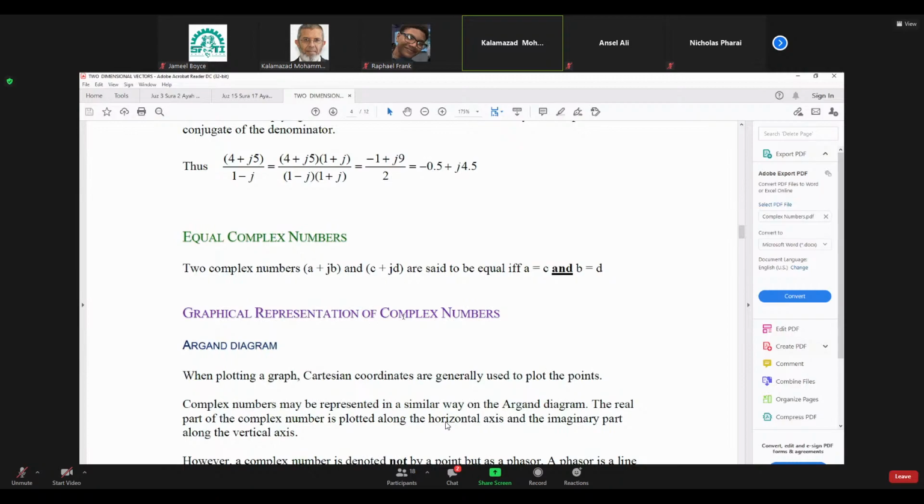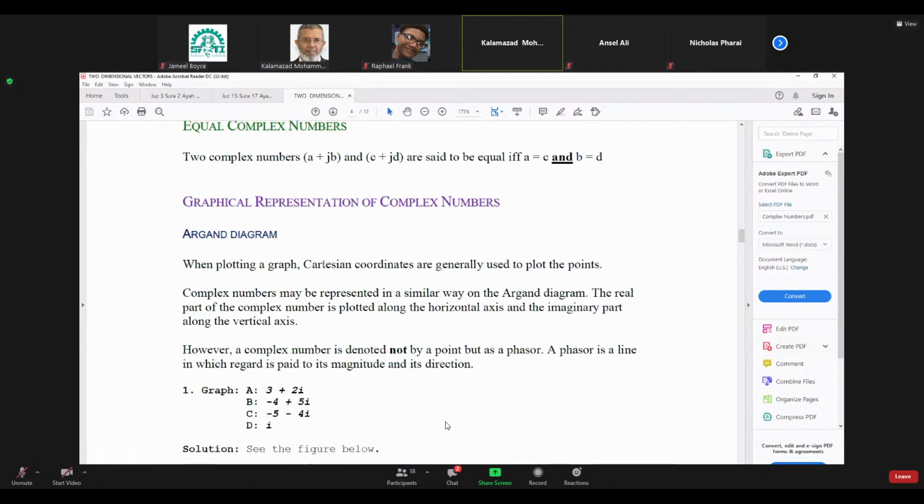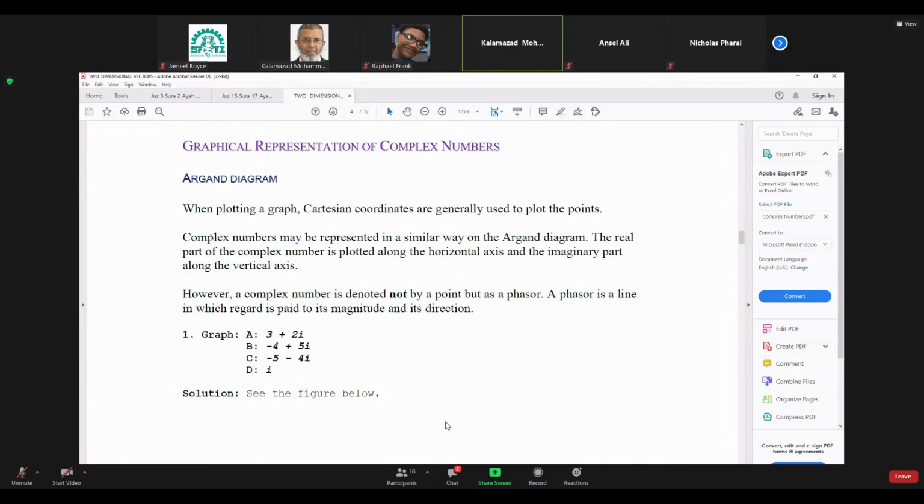All right, as we said before, one of the terms for complex numbers is called Cartesian, and that is because we can put it on a Cartesian plane, an XY plane, so to speak. When plotting a graph, Cartesian coordinates are generally used to plot the points. Complex numbers may be represented in a similar way on what is called an Argand diagram. The real part of the complex number is plotted along the horizontal axis or the x-axis, and the imaginary part is along the vertical or y-axis.